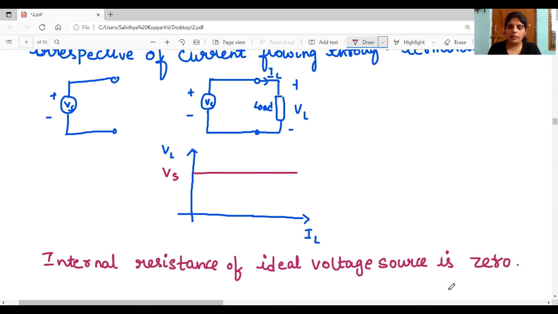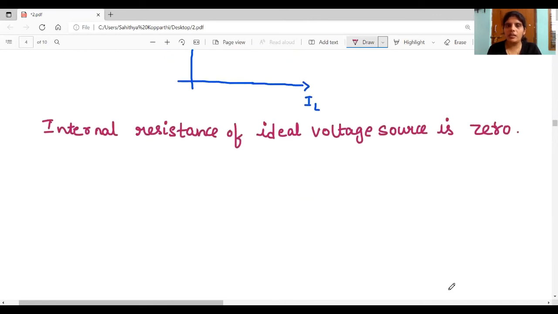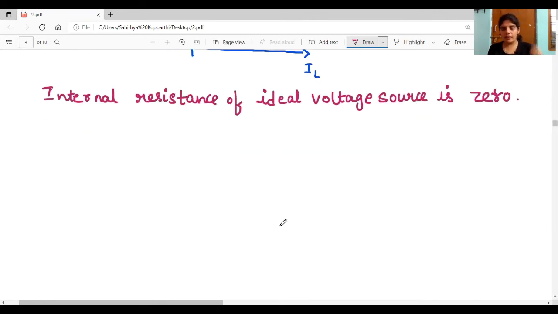Now let's go to the practical voltage source. The only difference between a practical voltage source and an ideal voltage source is that a practical voltage source will have some finite internal resistance.